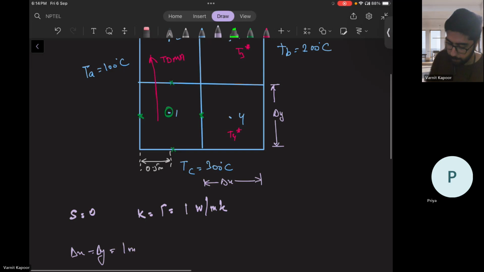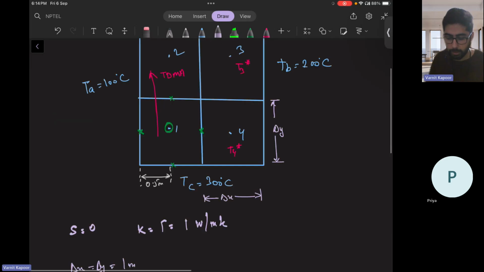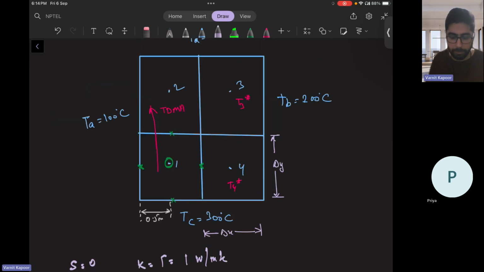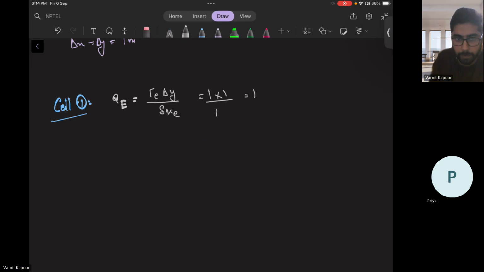So gamma into del y by del x c. What is del x c? It's between east and the point under consideration, that is node 1. So gamma is 1, del y is 1, del x is how much? 1. It will be 1.